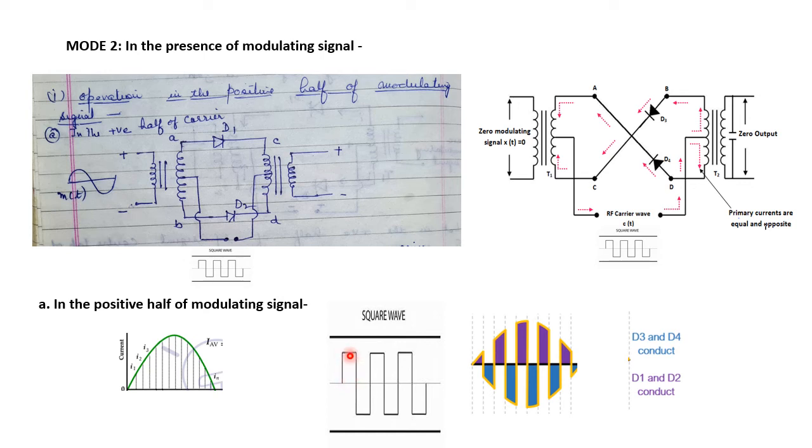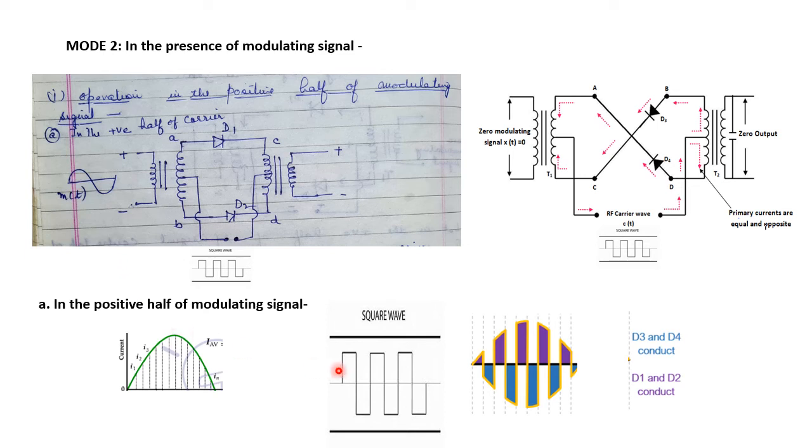When the positive cycle of the carrier wave is being applied, whatever voltage is present across the secondary of the input transformer will be directly transferred to the primary of the output transformer.